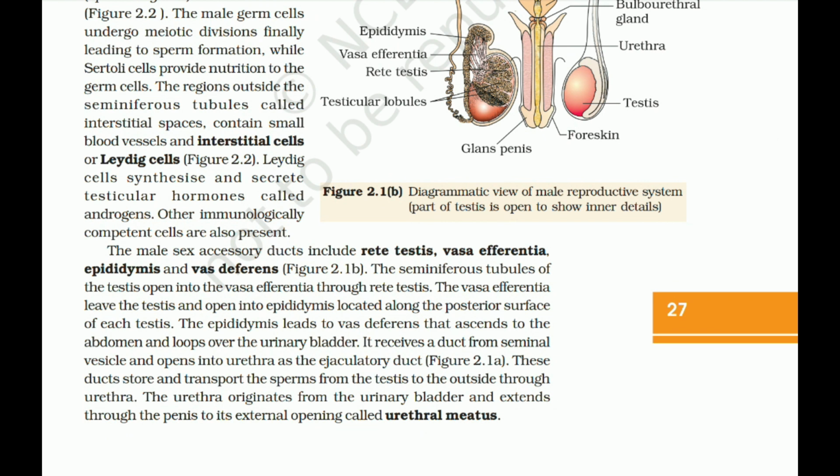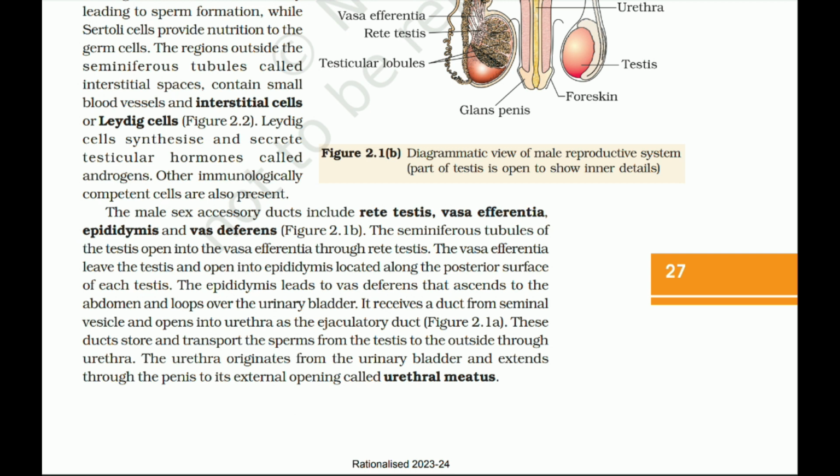The male sex accessory ducts include rete testis, vasa efferentia, epididymis, and vas deferens. The seminiferous tubules of the testes open into the vasa efferentia through rete testis. The vasa efferentia leaves the testis and opens into epididymis located along the posterior surface of each testis.